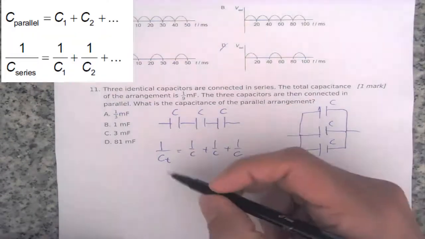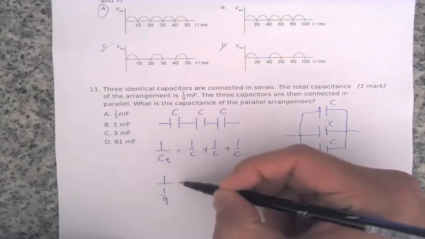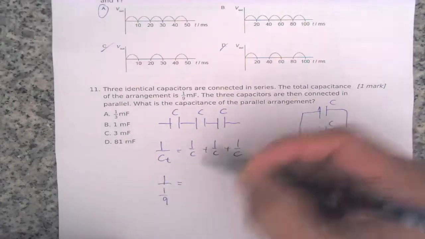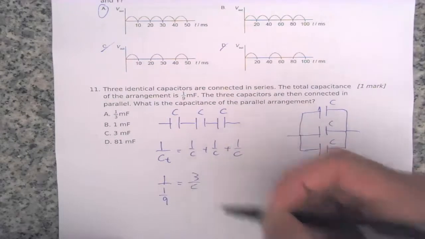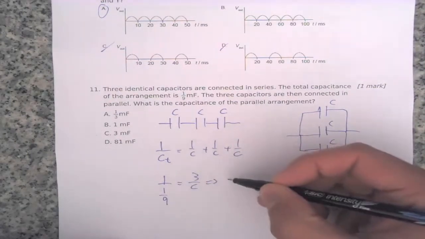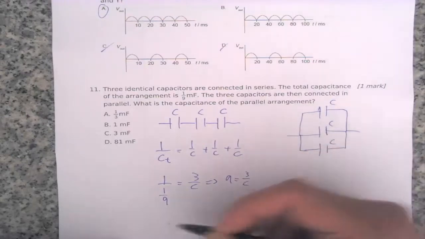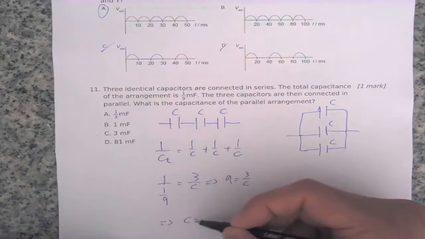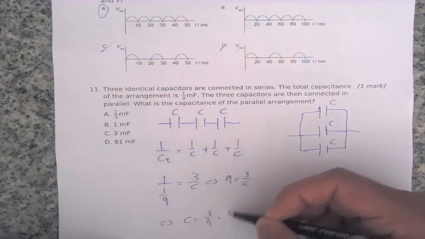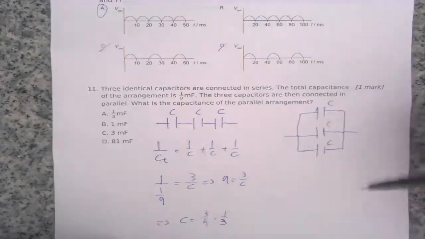So now what I have to do, I have this 1 over Ct, it's 1/9, and I have 3 identical ones, so it's 3 over C. And now I need to solve this equation. So if you do the math here, you will find 9 is equal to 3 over C. So that implies that C is equal to 3/9, so it's 1/3. The capacitance of each individual one.